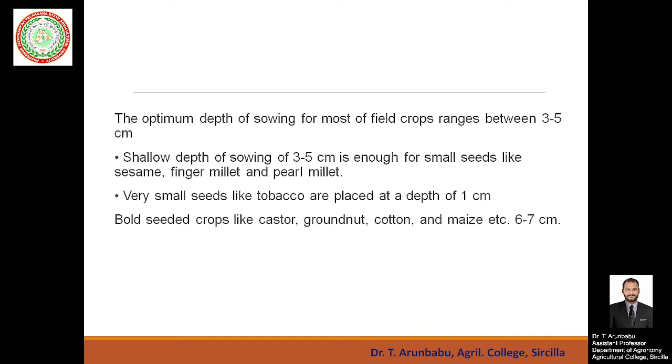The optimum depth of sowing for most of the field crops is generally 3 to 5 centimeters. So a shallow depth of sowing, 3 to 5 centimeters, is enough for small seeds like sesame, finger millet and pearl millet, and very small seeds like tobacco are placed at a depth of 1 centimeter. And in case of bold seeded crops like castor, groundnut, cotton, maize, the depth of sowing is generally 6 to 7 centimeters.